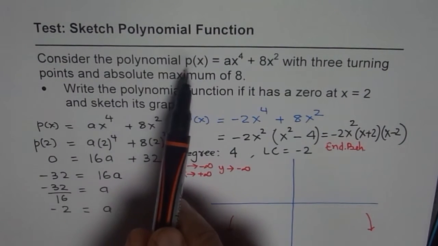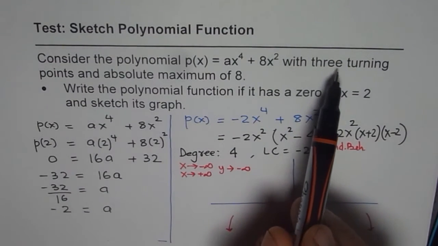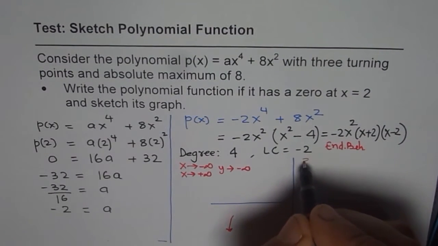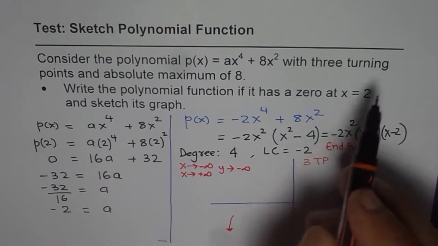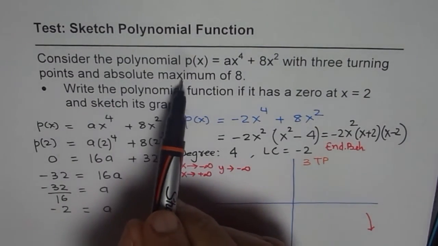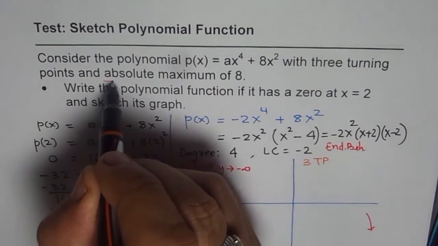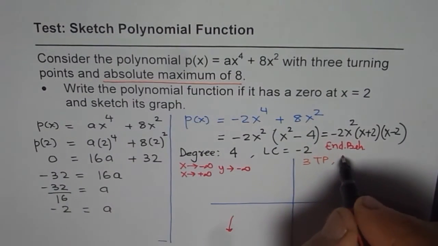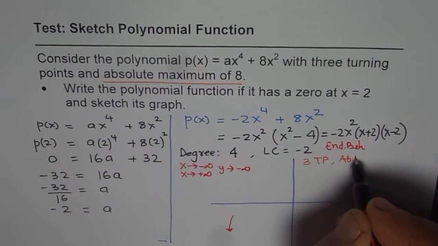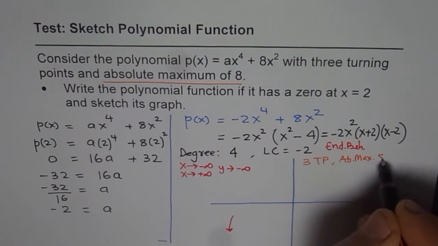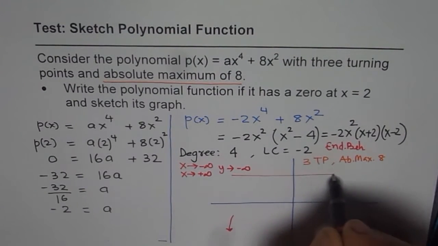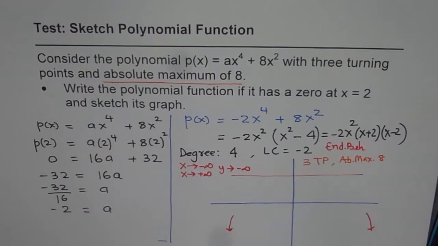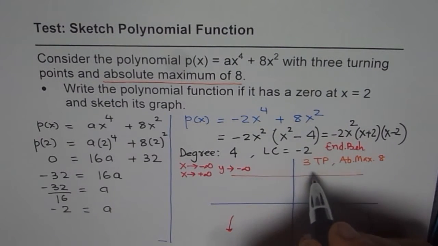Consider the polynomial p of x with 3 turning points. We have 3 turning points and absolute maximum of 8. So sometimes you may just forget about this. And we have absolute maximum of 8. So let's draw, this is kind of a helpline, just to remind that this value is representing maximum 8.